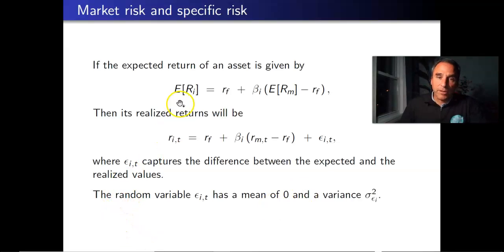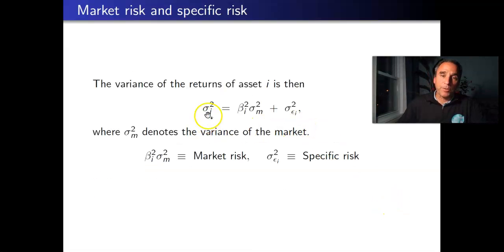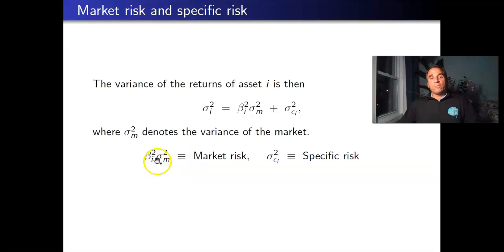If the model is correct, this random variable should have a mean of 0 and a positive variance, which means that if we compute the variance of the return of the asset, we have two components: systematic variance and idiosyncratic variance. The first component is market risk, and the second component is specific risk.